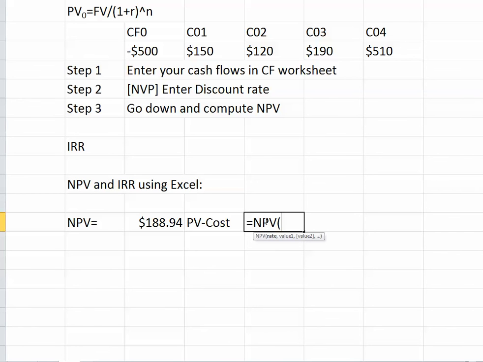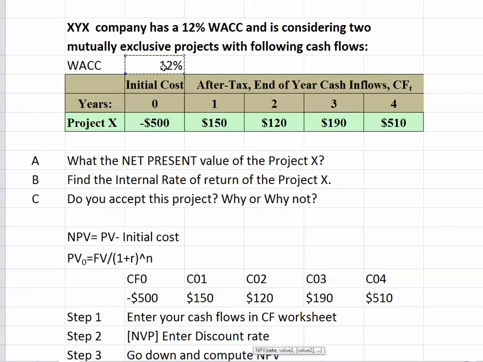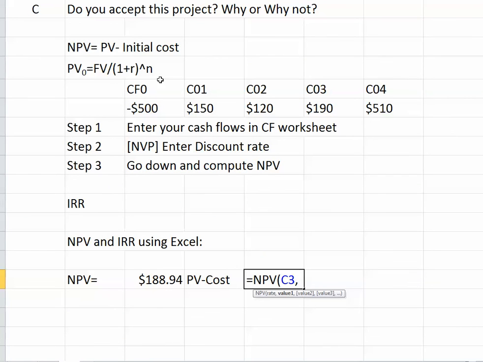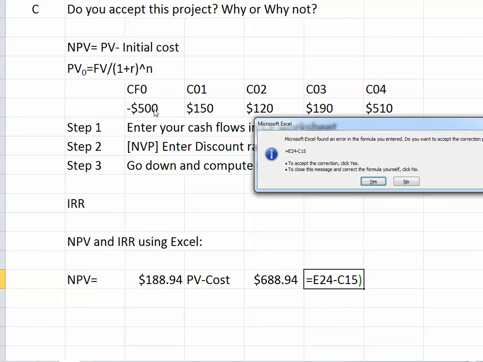NPV. Okay. You have your rate, and then you have this comma here, and you select these numbers, close the parenthesis. So what did you get here? You got present value, right? If you take out your cost, present value minus your cost is going to be net present value.